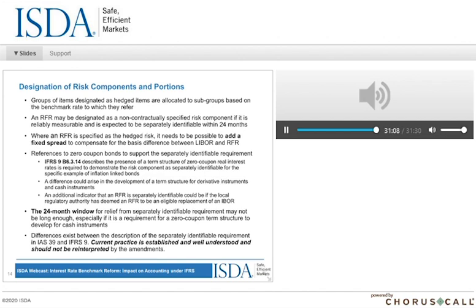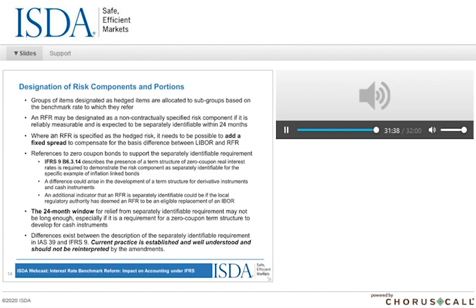The exposure draft was understood by some as potentially preventing a fixed spread from being added to a designated hedged portion of risk and only permitting the RFR risk to be the designated hedged portion. At the IASB's meeting in June, it was agreed that adding a fixed spread to an RFR to compensate for the basis difference would be permitted, and this would be clarified in the final requirements. On one of the later slides, we run through an example to illustrate this.